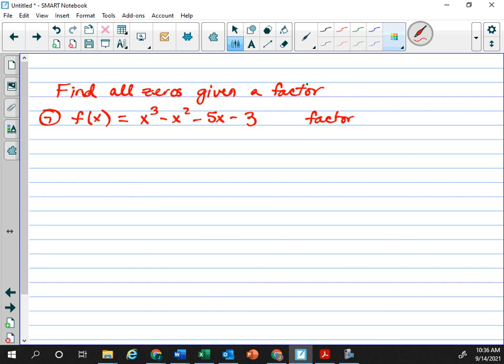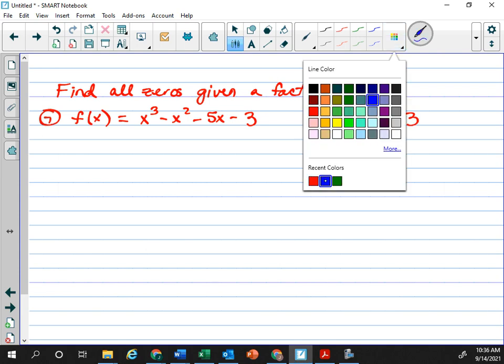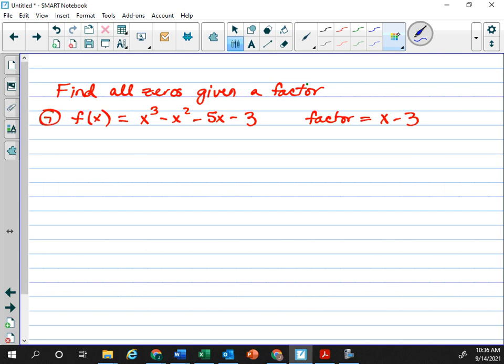And your given factor is x minus 3. Is c -3? c would be 3. c is like what goes on the outside when you do your division.